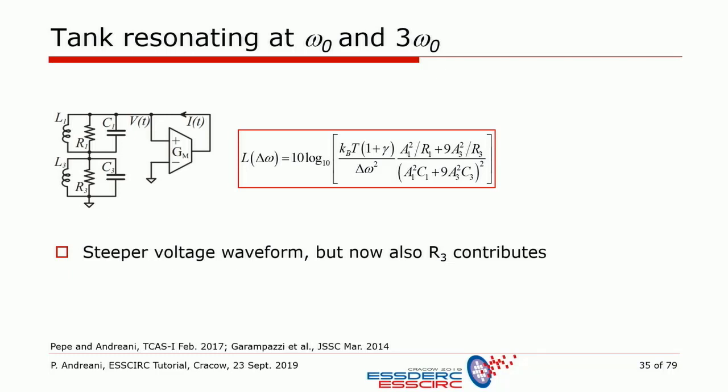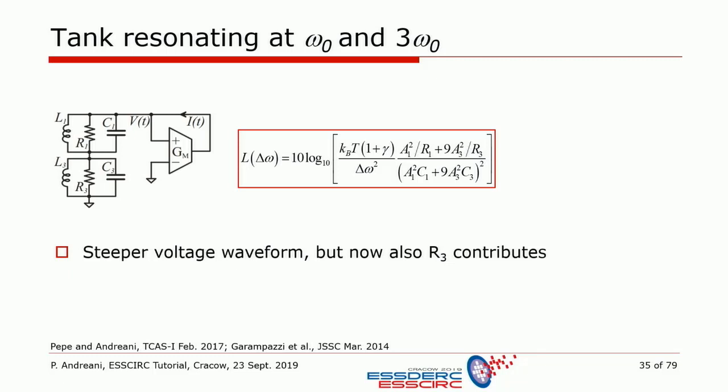In that case, you recover the standard equation for the simple LC tank. Now in this case, you see that A3, the amplitude at the third resonance, is present both at the numerator and the denominator.